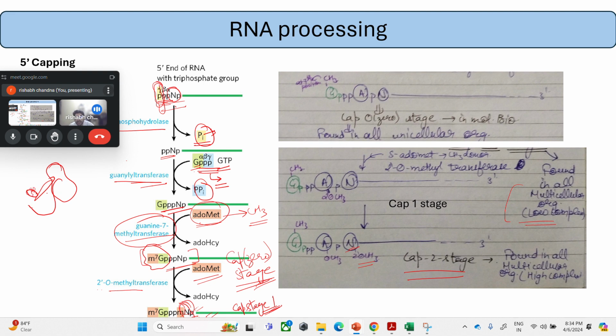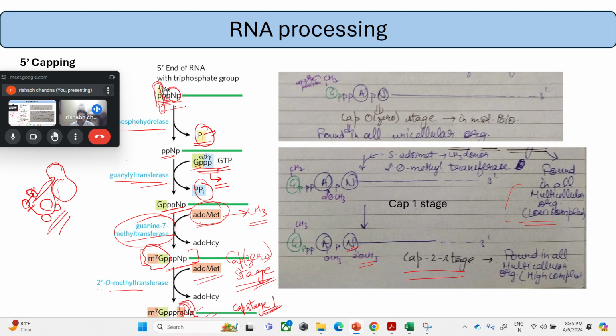As soon as the cap is installed at the 5' position, it is bound by this particular protein. Further, as the RNA elongates, certain proteins are recruited that bind so that it is not degraded.